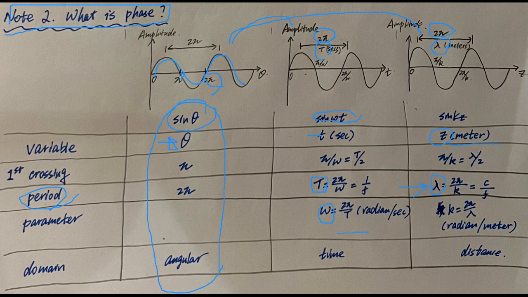The speed of light is here. Basically, the wavelength is time multiplied by the speed of light, and then we have traveled a wavelength. The parameter here is the propagation constant, which tells us how fast a wave propagates over distance. So this is a very important concept.